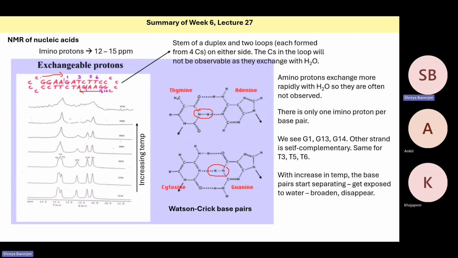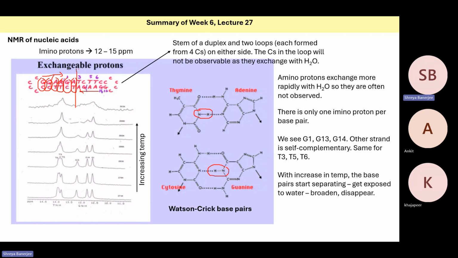We will see this GC, this AT, this AT, and this GC. And one more AT we will see, because from the middle of the molecule, again, it becomes symmetric.